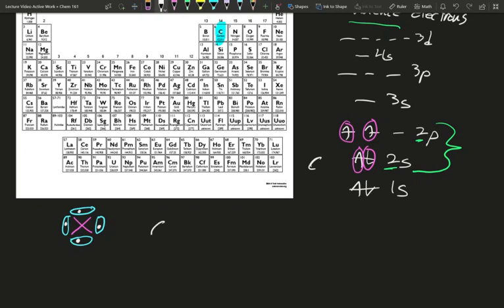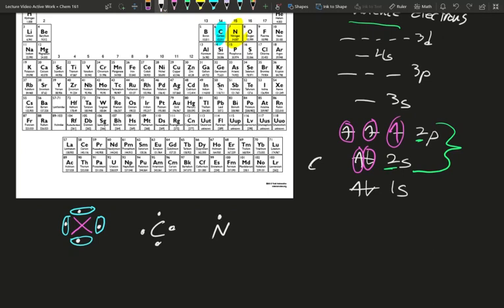So for carbon, with 4 valence electrons, you would spread its 4 electrons out in the 4 regions. But if we have nitrogen, well, nitrogen has 1 more electron. So it would have 5 valence electrons.